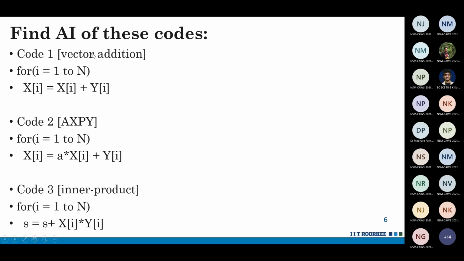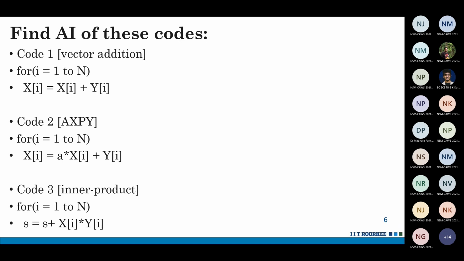Now we will find the AI of these codes. The first code is vector addition, that is x of i equals x of i plus y of i. In each iteration we first fetch x of i and then fetch y of i. We add them and then store the result in x of i.